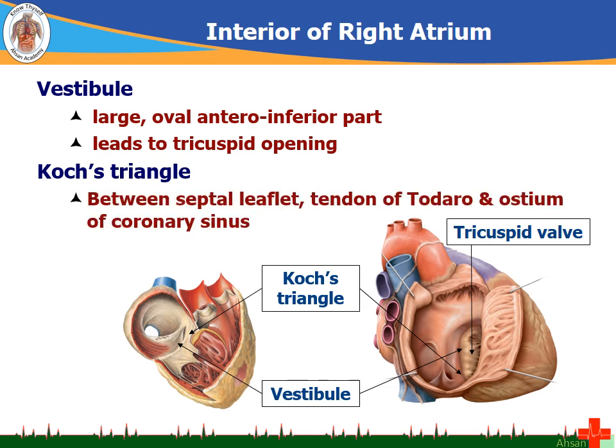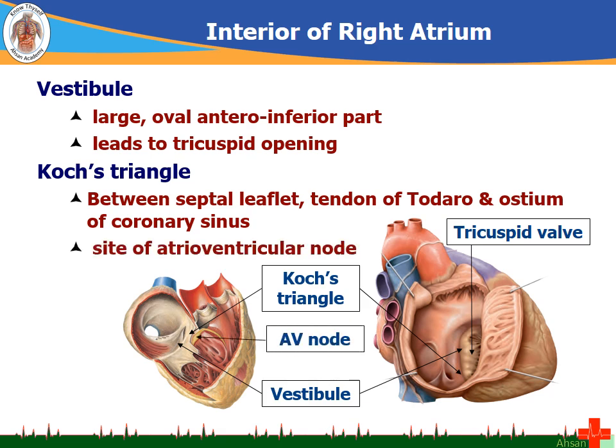It lies between the septal cusp of the tricuspid valve, the tendon of Todaro, and the ostium of the coronary sinus. Together these enclose one triangular area, indicated by the arrow, known as Koch's triangle, and it indicates the site of the atrioventricular node.